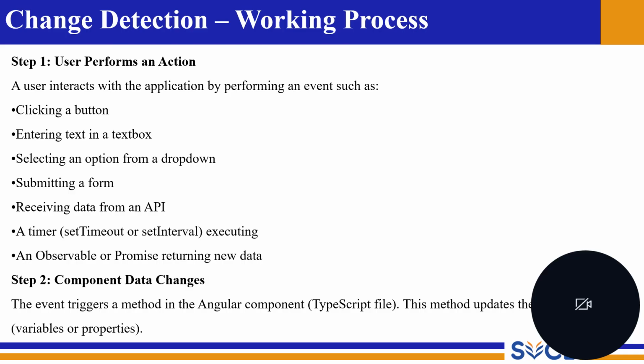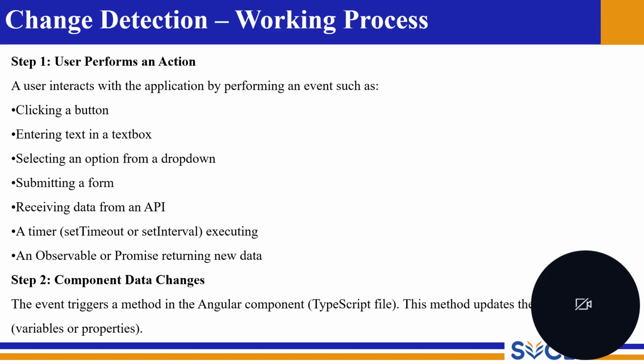For example, a customer clicks the add to cart button on an online shopping website. Before the click, product quantity is equal to 1 and total price is equal to 50,000. Here the user action is the customer clicking the add button.